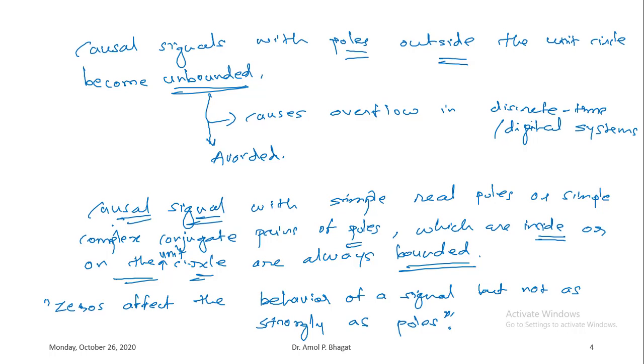Similarly, if simple or complex poles are inside or on the unit circle, the causal signal is always bounded. Zeros' locations can affect the behavior of a signal, but not as strongly as the pole locations.